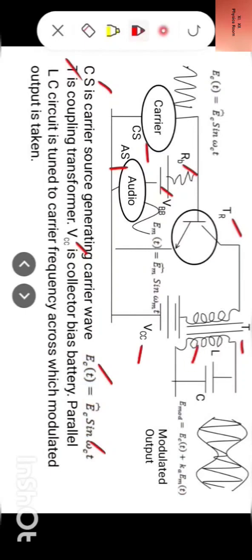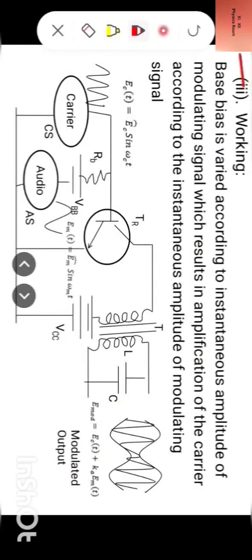Parallel LC circuit is tuned to carrier frequency across which modulated output is taken. So, this is modulated output which is taken across a parallel LC circuit. E mod equal to ECT plus KAEMT and is the modulated output. Okay. A third, working.